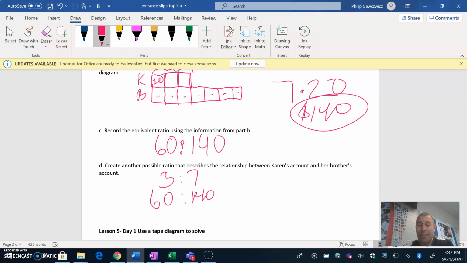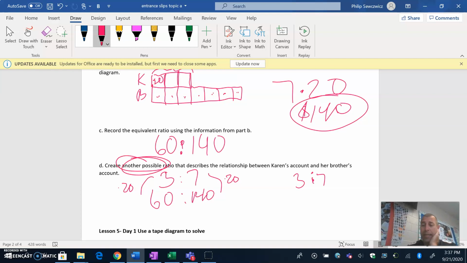So in this particular case, what do you multiply 3 by to get to 60? Well, we get 20, and that's what we did up here. So 7 times 20, that's 140. Okay, just choose another number to multiply by. That's it, because they just wanted another possible ratio.